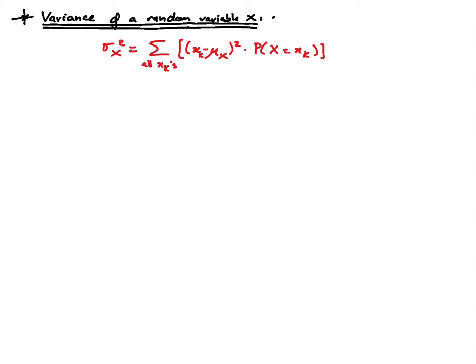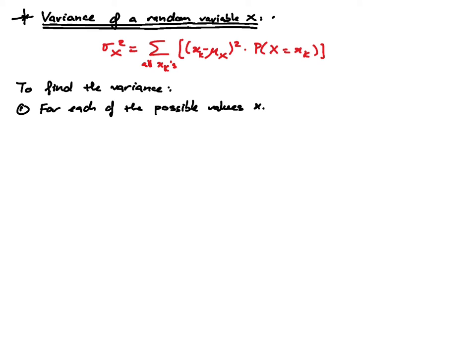So now, to find the variance, we also want to follow two steps. First, for each of the possible values x sub k, you want to compute (x sub k minus mu of X) all squared times the probability that X is equal to x sub k.